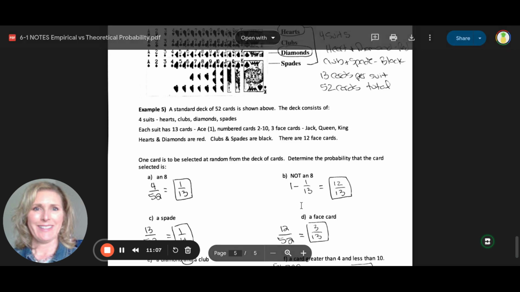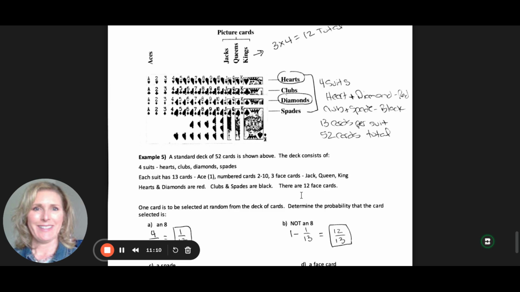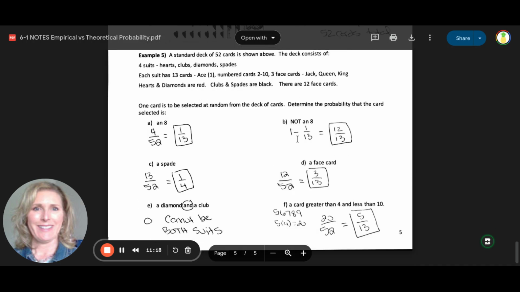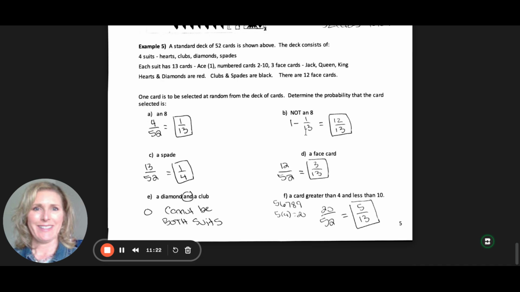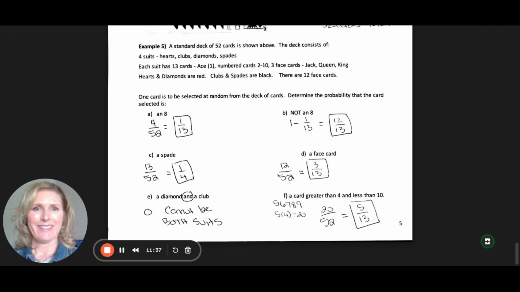What's the probability that you do not get an 8? Well, I went back and I used this formula here. The probability that something does not happen is 1 minus the probability that it does. So instead of counting up all the other cards, I used this property and I said 1 minus 1/13 equals 12/13 probability that you do not get an 8. What's the probability that you get a spade?